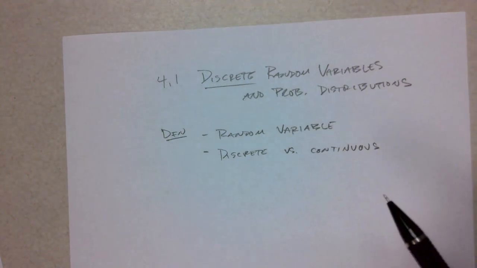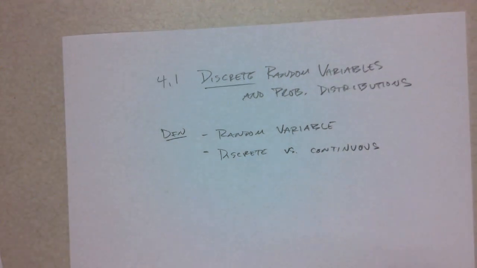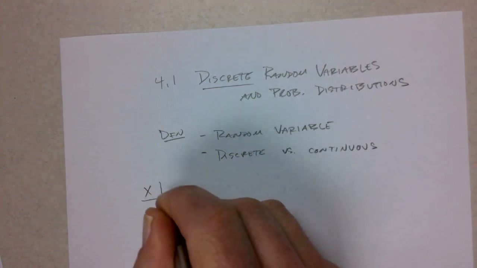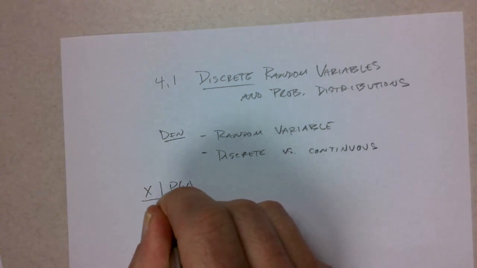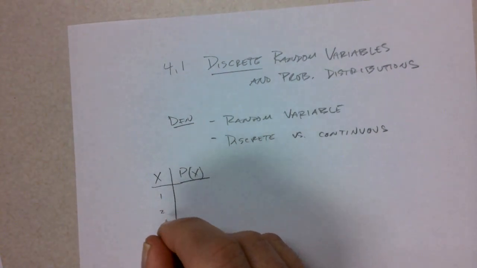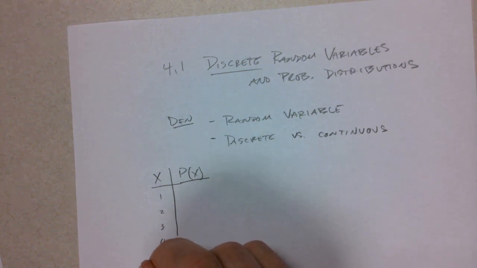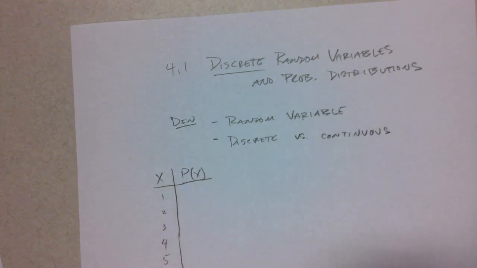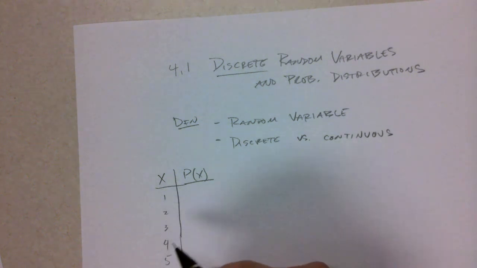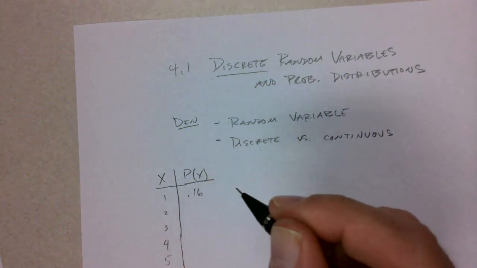And just to kind of review, if you see a distribution that looks like this, where you have the random variables listed here, this was in class, this was a scale of passive aggressiveness, right? 1 to 5. And each of them happened with a different probability.